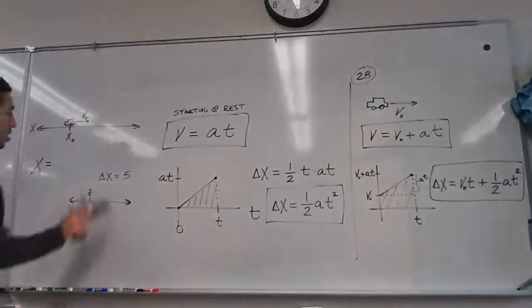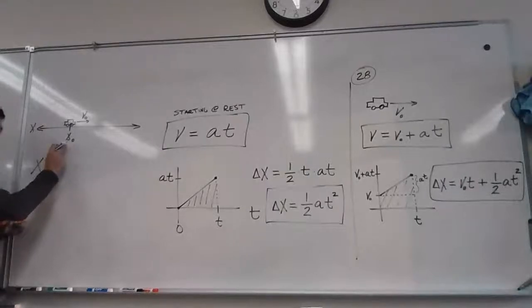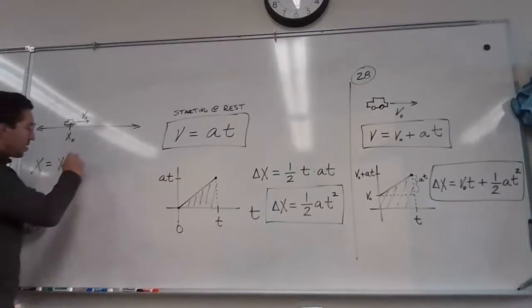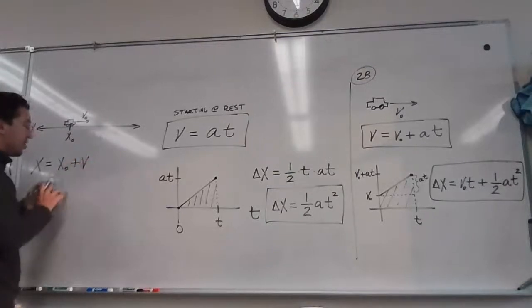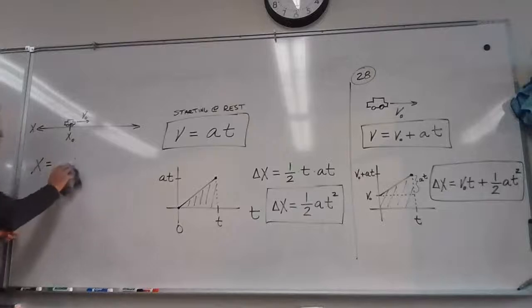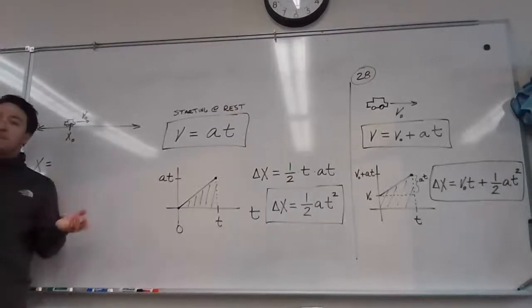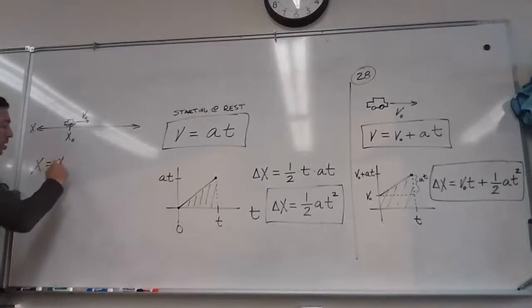So what's the answer to this question? You start at x naught. And what was my displacement? So where you are is where you started plus your displacement. Where did I start? x naught.